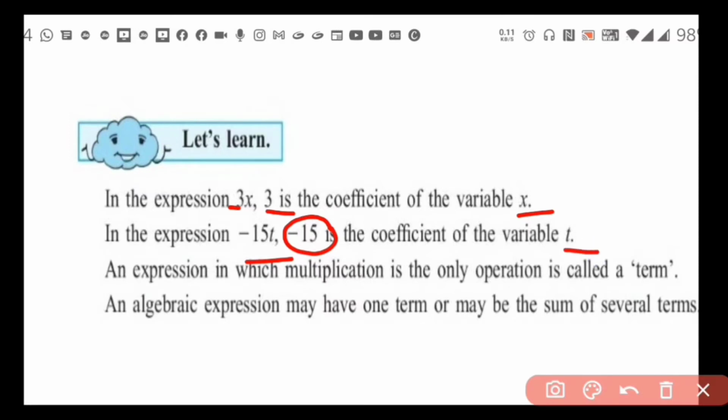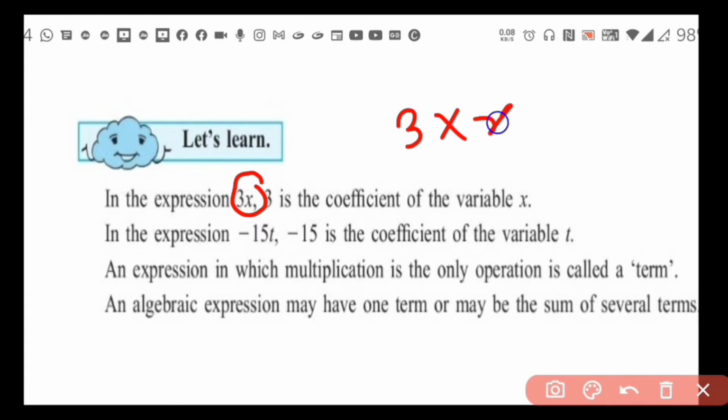An expression in which multiplication is the only operation is called a term. As you all can see here, only one operation, which is multiplication. In 3x also multiplication is there, that is 3 multiplied by x is equal to 3x, correct? So the only operation is multiplication, there is no other operation, there is no division, no addition, no subtraction, only multiplication is there. So when only multiplication is there, this is a single term, 3x is only one term.